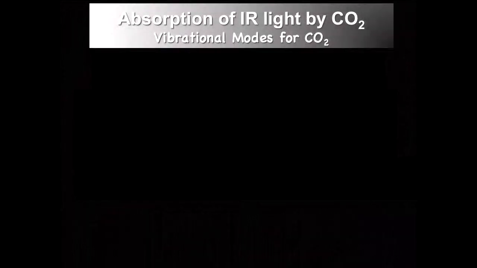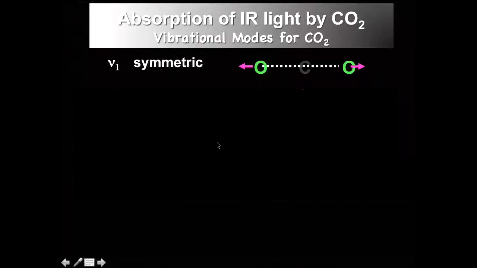So let's just spend a moment and try to understand how is it that the molecules absorb infrared light. Well, it's really not that big a deal. I haven't talked about this before. Carbon dioxide molecules have a carbon atom in the center, 2 oxygen atoms on either side. And those carbon dioxide molecules can vibrate. If my head is the carbon atom and my fists are oxygen atoms, I'm a carbon dioxide molecule model.